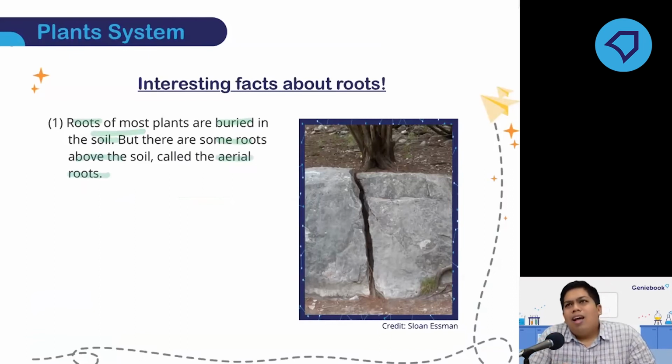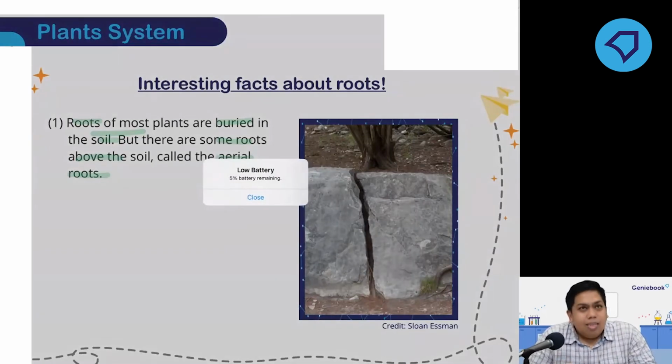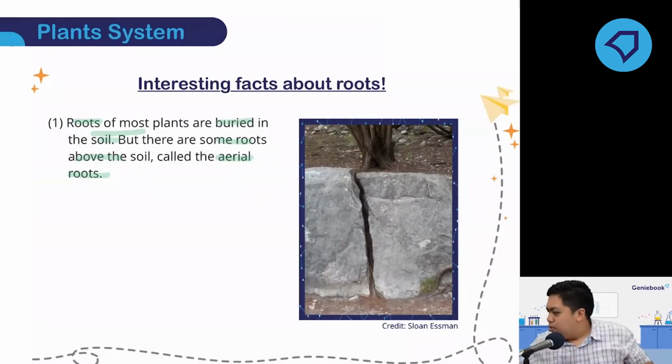Now, some people like Siswan already mentioned where you can find aerial roots. Yes, good. Where can you find aerial roots usually? Good. So you can usually find aerial roots in swamps. Oh, wait, low battery.